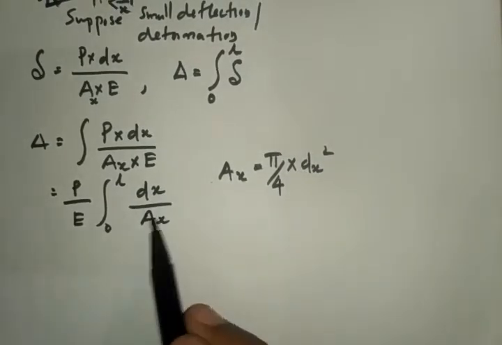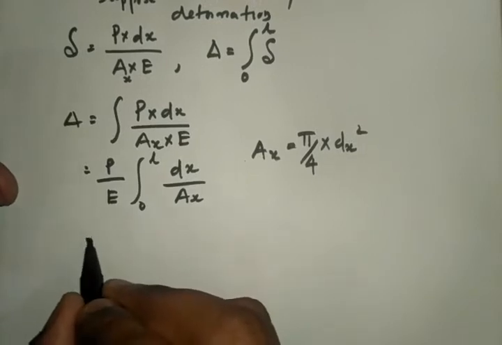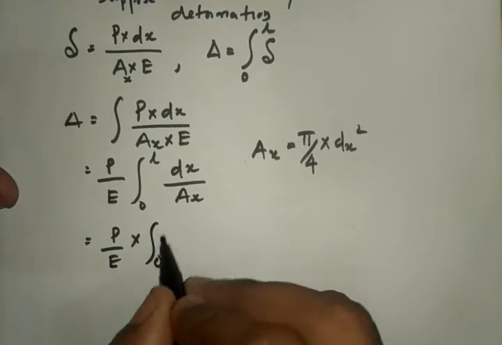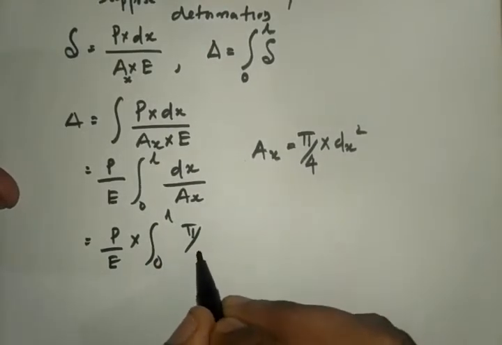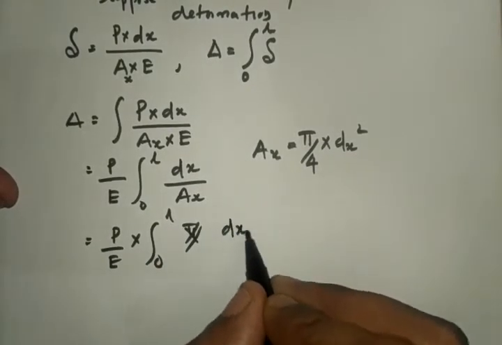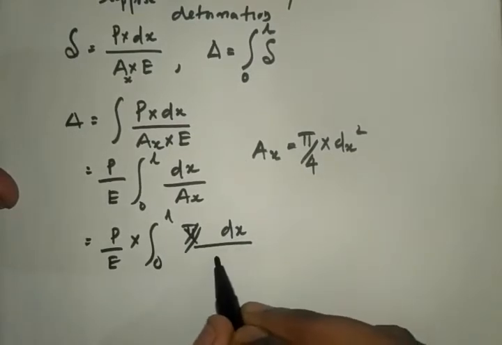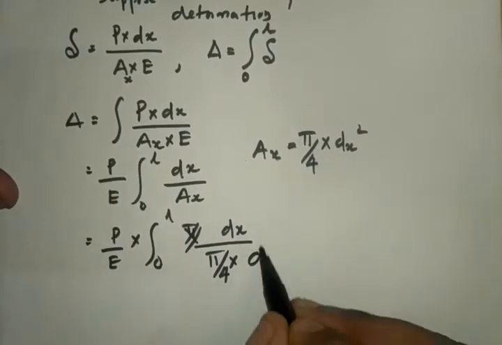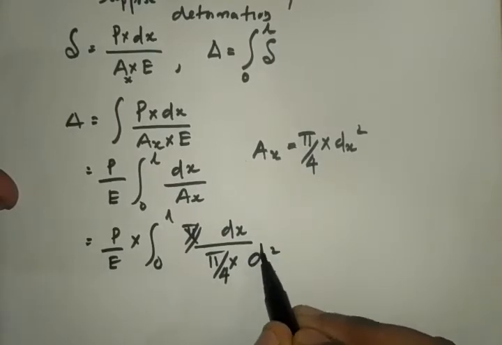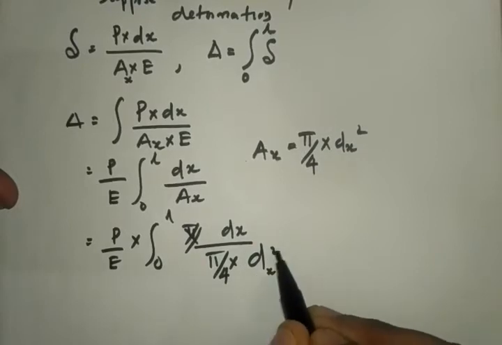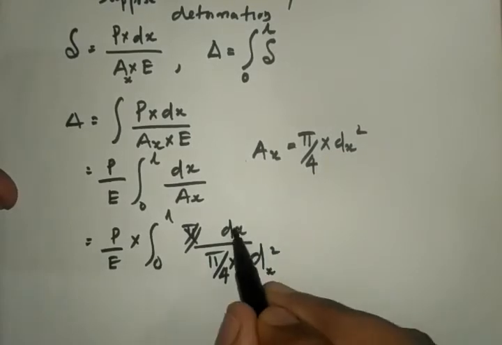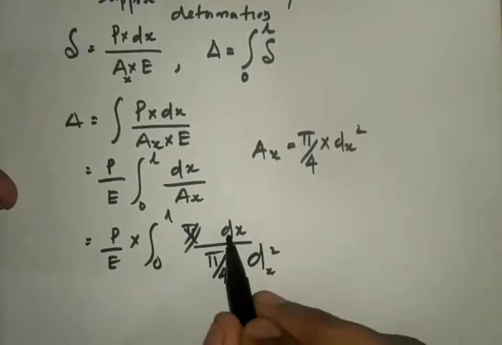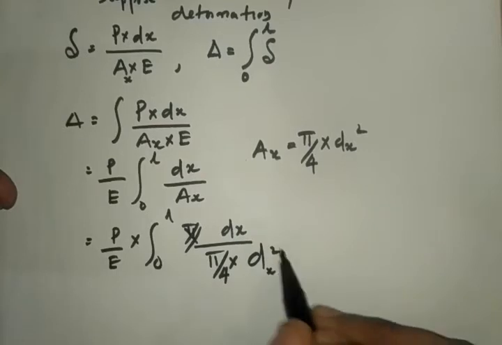So put this in the integration equation, the value will be P by E into the integral 0 to L dx divided by pi by 4 into Dx square. Don't confuse it with this. Dx is the corresponding diameter, and this dx is the infinitesimal length. So this dx and Dx should not get confused.